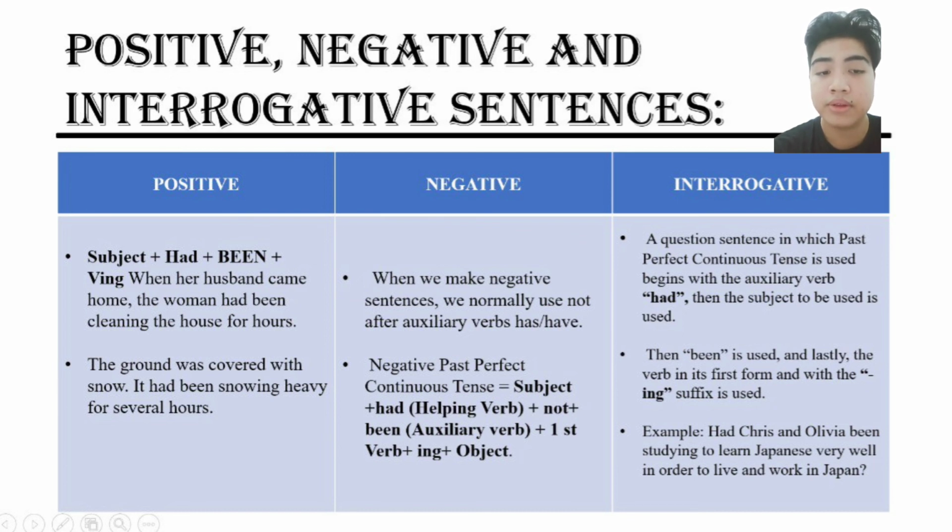For interrogative sentences, a question in the past perfect continuous tense uses the auxiliary verb had, then the subject, then been, and lastly the verb in its first form with the ing suffix. Example: had Chris and Oliver been studying Japanese very well in order to live and work in Japan?